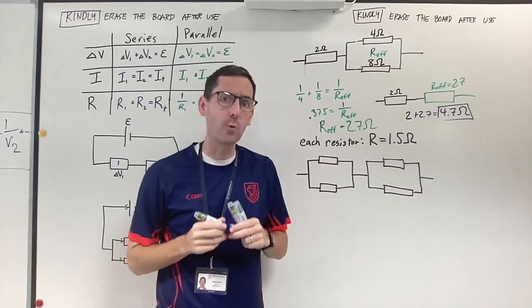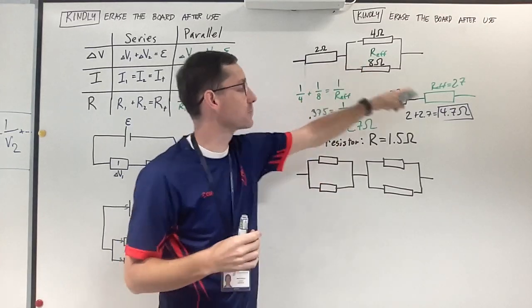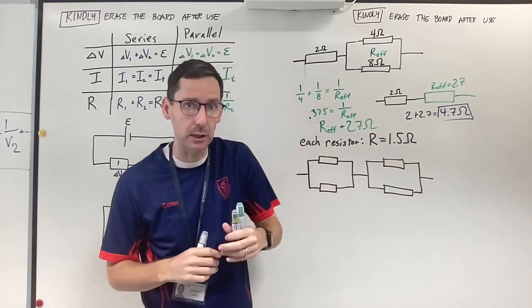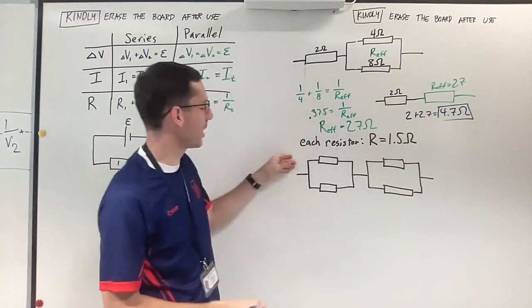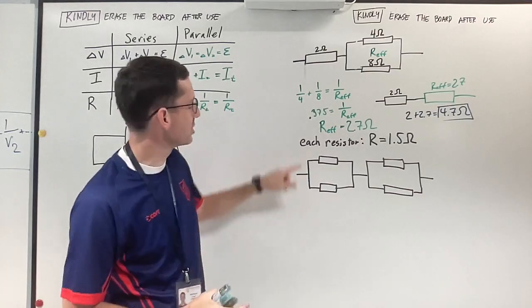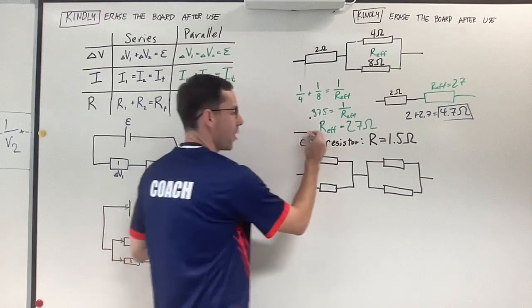It's interesting how we can use larger resistances to create a smaller resistance by putting them in parallel. All right? Okay, let's try the next one. This is in our packet number 12. Okay, so it says each resistor has a resistance of 1.5 ohms.